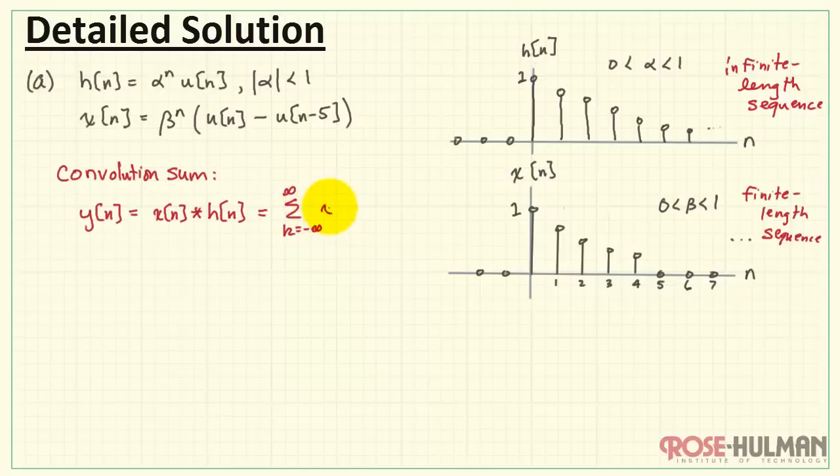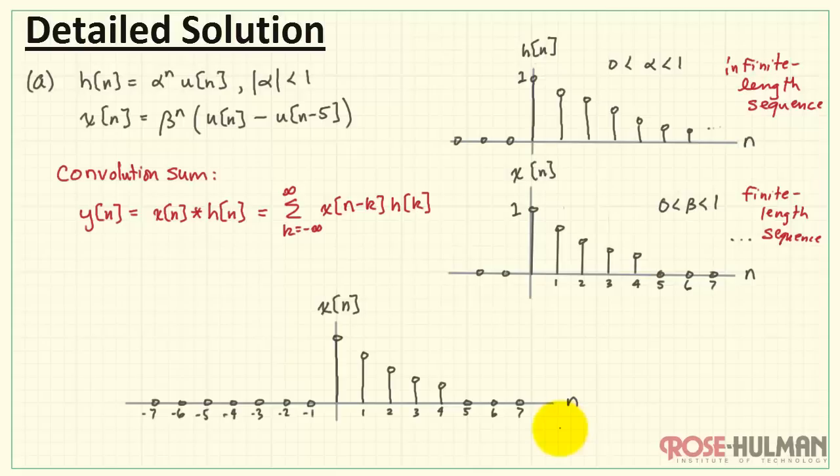The convolution sum looks like this. Now using a graphical interpretation of this convolution sum really helps us to better understand how to structure the rest of the solution.